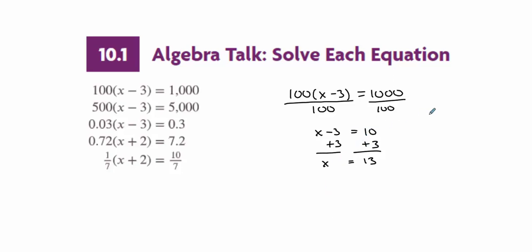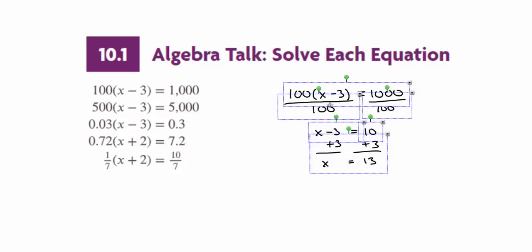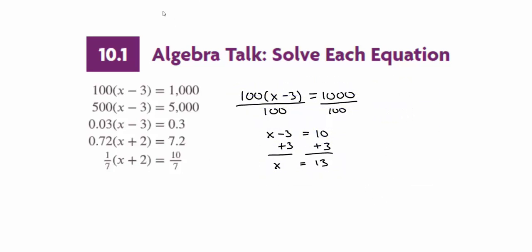Another way I could solve this would be to use the distributive property first. So I distribute this 100 to x minus 3. 100 times x is 100x. 100 times 3 is 300.